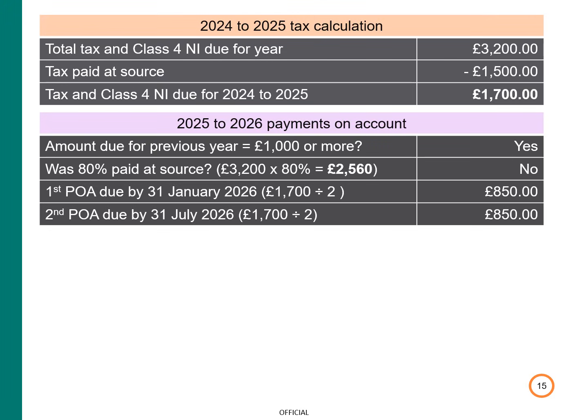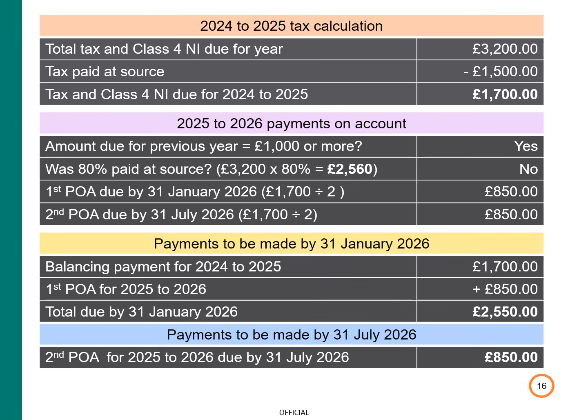So in this case, 80% wasn't paid at source, as only £1,500 was paid in this way. So the payments on account for 2025 to 2026 are half of the £1,700 tax and Class 4 national insurance due for last year. That's £850 each.